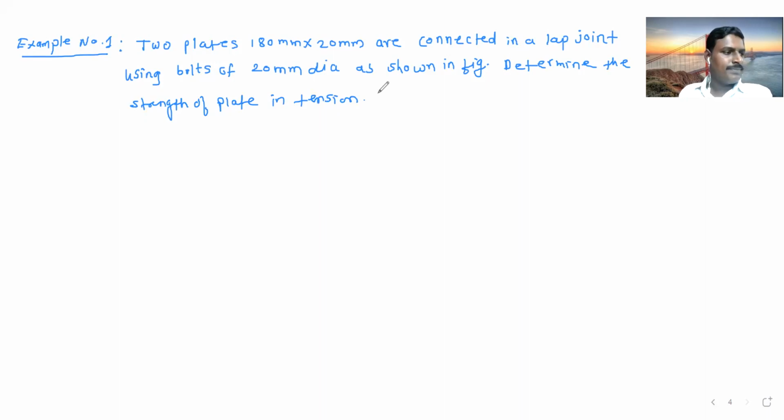Take Fy equal to 250 Newton per mm square and Fu equal to 410 Newton per mm square.